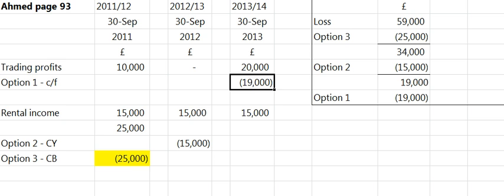And again, you can see that you've used the losses to reduce your income down to 0, and so no personal allowance would be useful to you in that year, and the personal allowance wouldn't be useful to you in that year either, but it would be useful to you in the 14 tax year. And that's how you do loss relief.